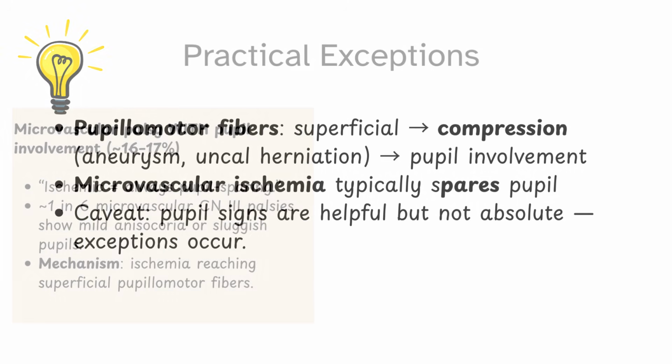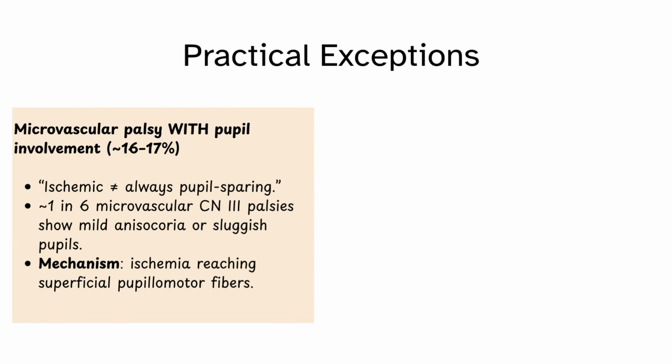However, these pupil rules are helpful but not absolute. There are exceptions. For example, the microvascular palsy can sometimes have a mild pupillary involvement. About 1 in 6 microvascular third nerve palsies show a mild degree of anisocoria or sluggish reaction of the pupil, and this happens because the ischemia can progress from the center outwards and involve the superficial fibers, though this is uncommon.